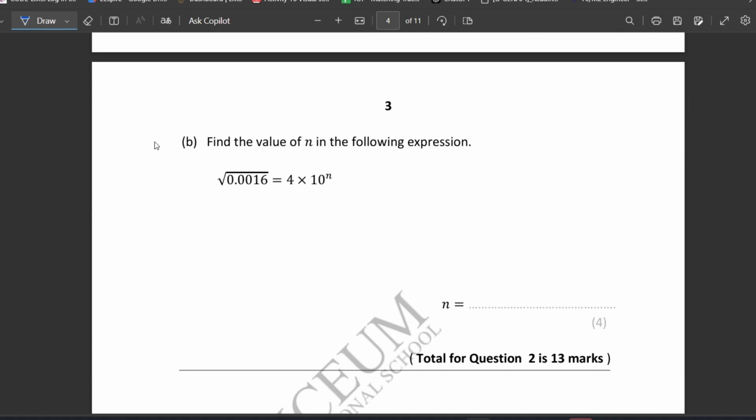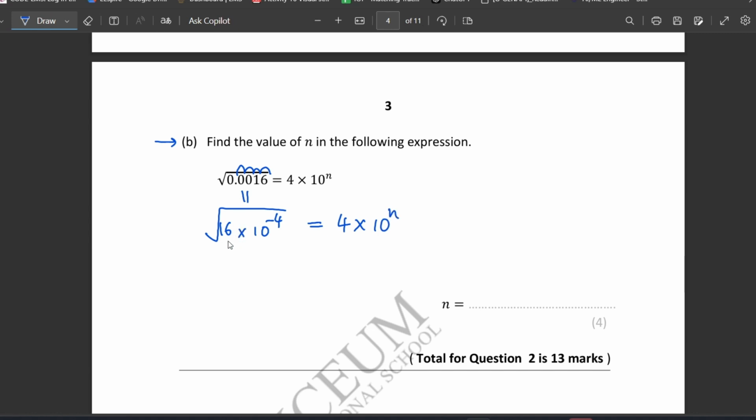And here we have to find the value of n in the following expression. Okay. So first I will simplify this one. So we can turn this into 16 and take the power of 10 as 10 to the power minus 4. 4 times 10 to the power n.